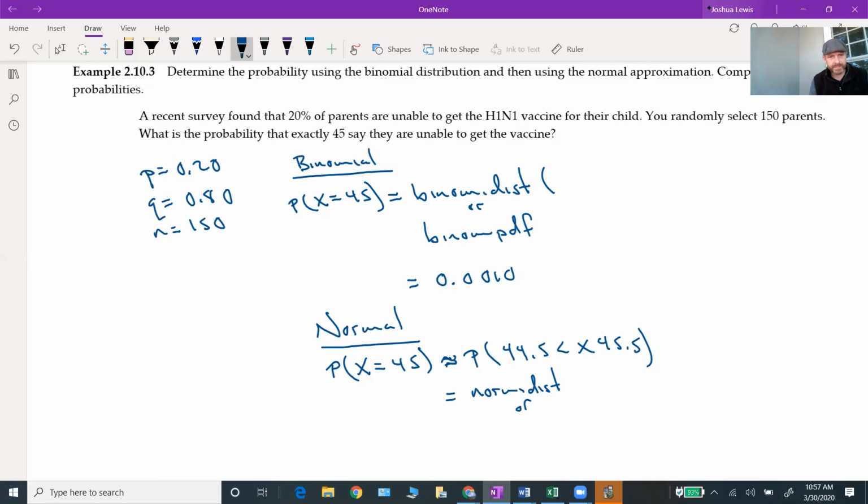Or if you're using one of the TI calculators, then you would use normalcdf.